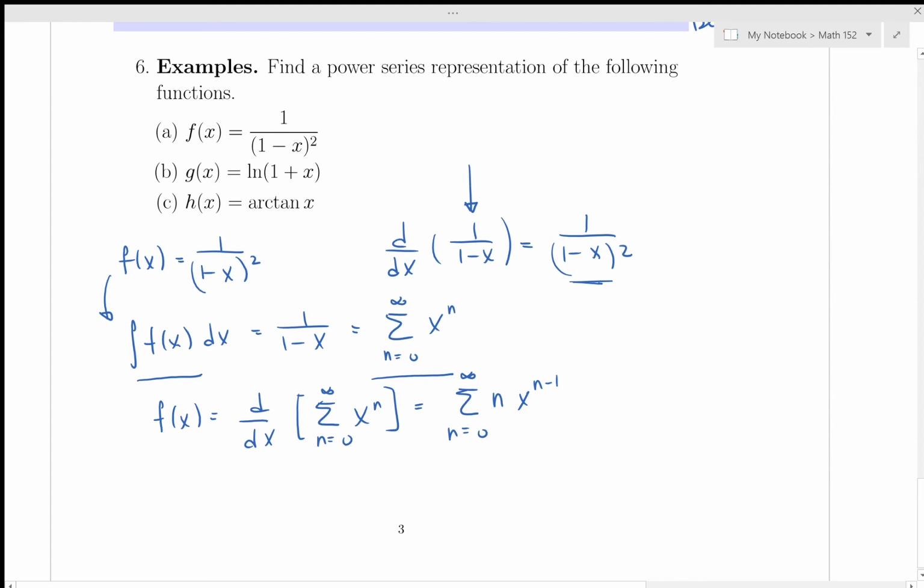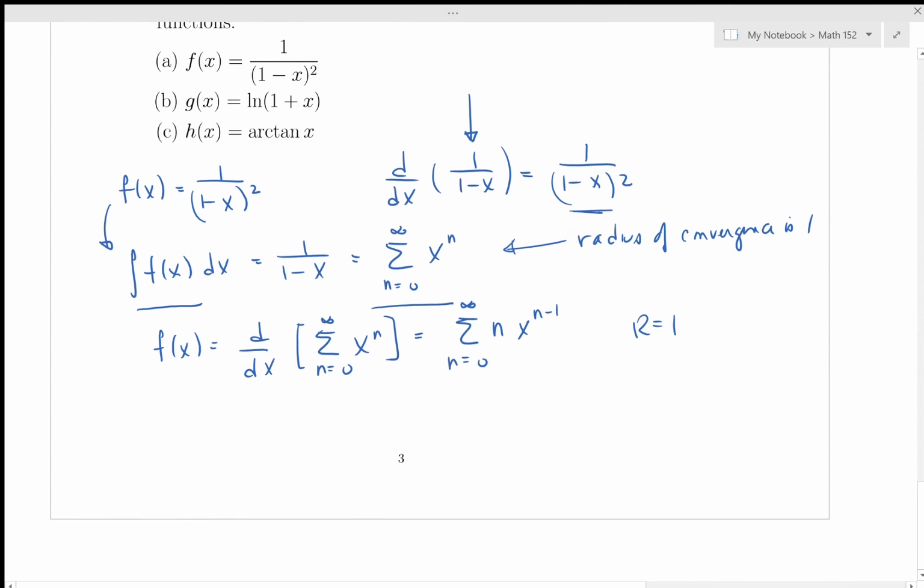So for this series right here, the radius of convergence is 1. And so also for here, the radius of convergence is equal to 1. So I've found the power series representation of this function here.